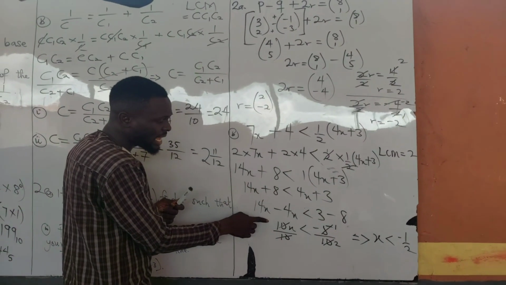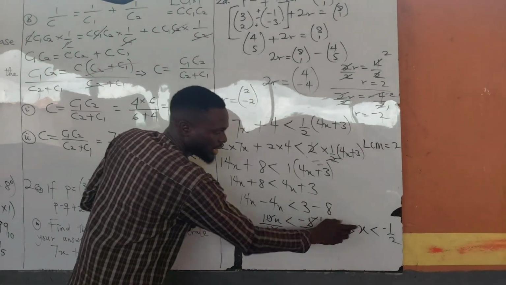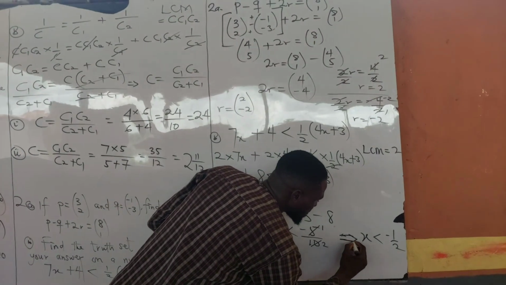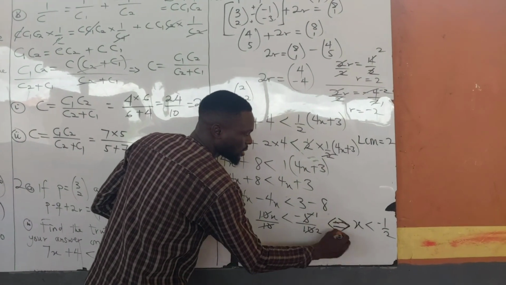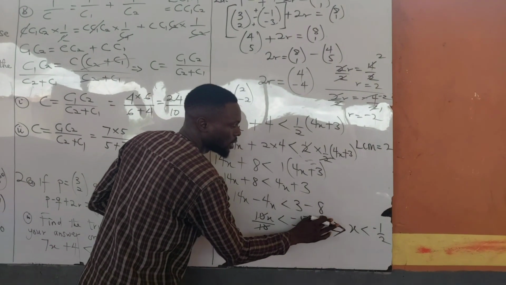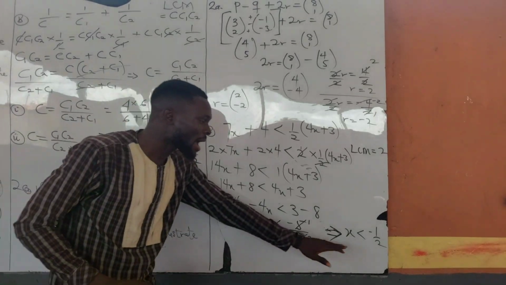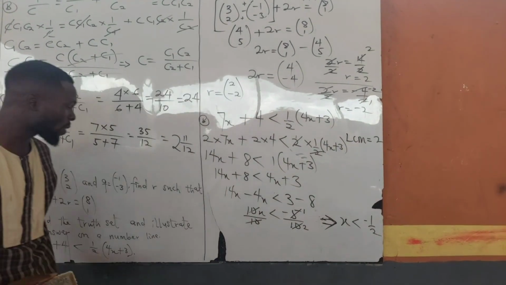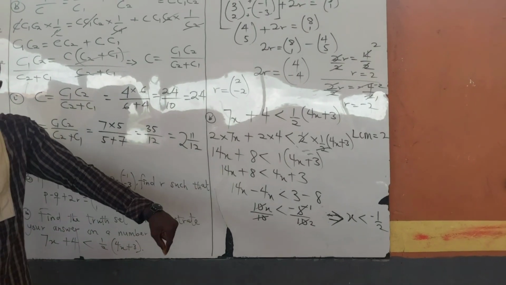But since we divided through by a positive value, the sign is still the same as it is. So we are now having x to be less than negative half. Remember, we are not done, because the question said find the truth set and illustrate on the number line.